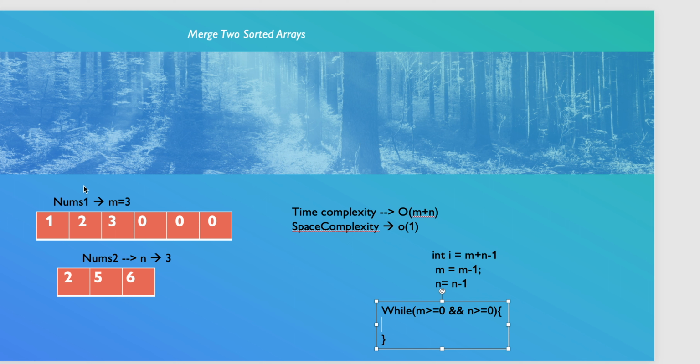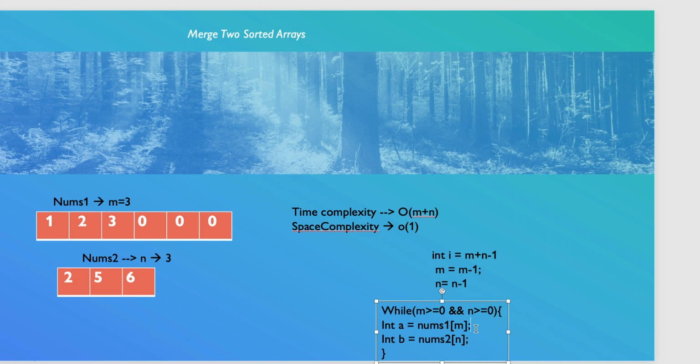So m represents the index in nums1. I have one value a at nums1 m position, and another value b at nums2 n position, and I'll find out which one is the largest.